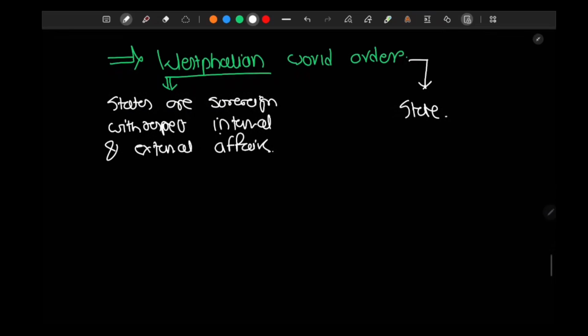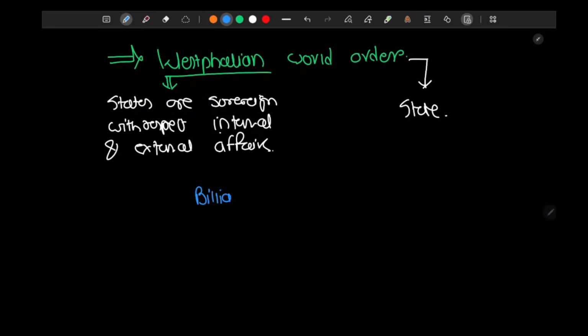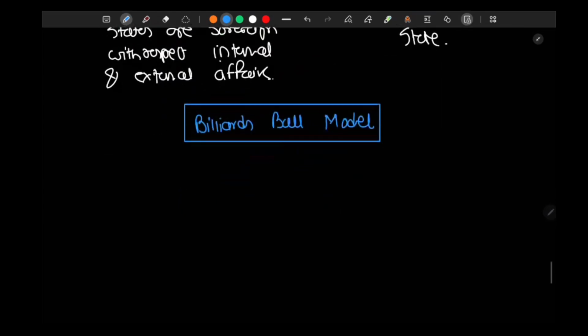And to explain this Westphalian world order, there is a model, a framework, which is the Billiard Ball Model. If you have played pool, snooker, mini pool, the table games, you must have had the opportunity to handle pool balls.